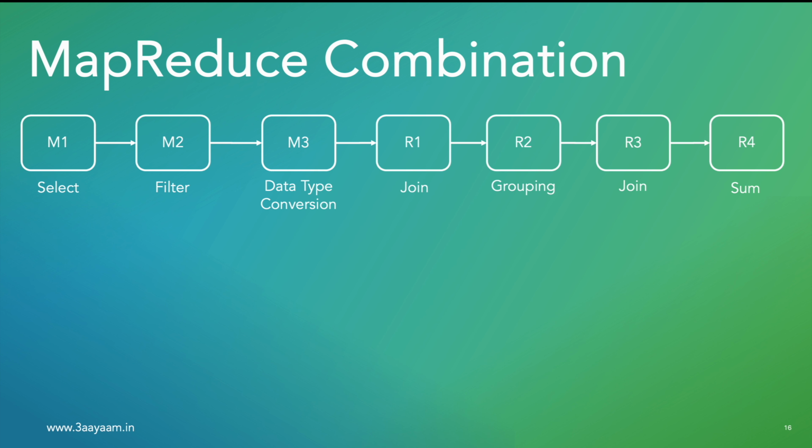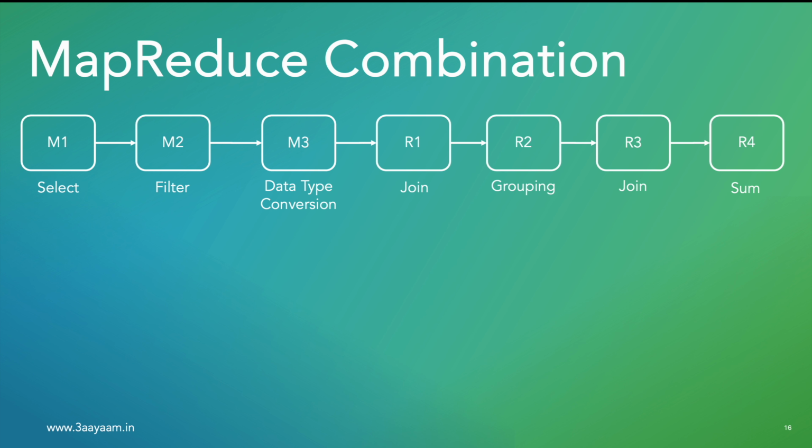The first map task is running multiple selects, let's say. Then the output is going to another map task which is running multiple different filter expressions, and then the third map task is running multiple different data type conversions. This is something that has been written by us developers. That's why you have 3 different map tasks, M1, M2 and M3.